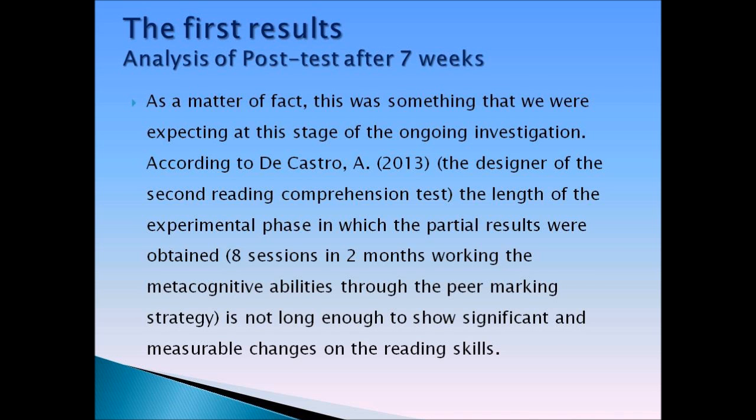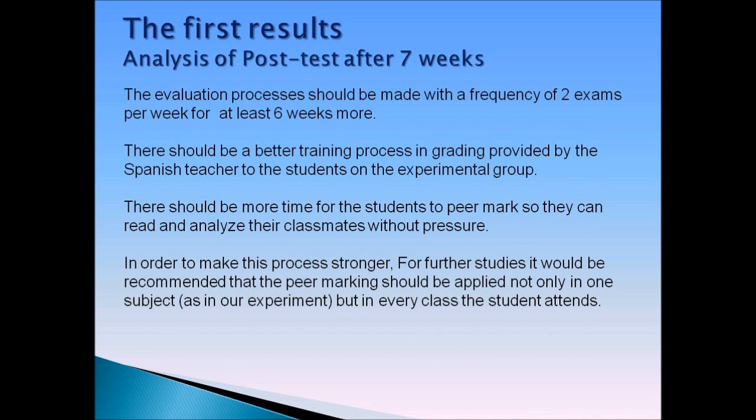Number 1. There is a need to make the peer marking regular and solid. This means that from now on, the evaluation process should be made with a frequency of 2 exams per week for 6 weeks more at least. Number 2. There should be a better training process in grading provided by the Spanish teacher to the students of the experimental group.